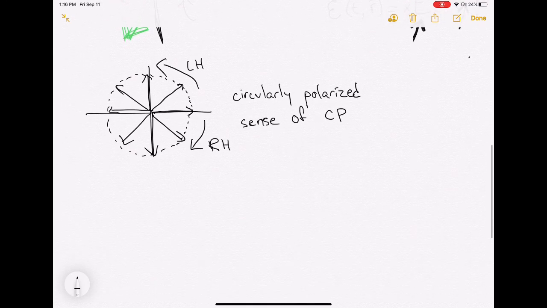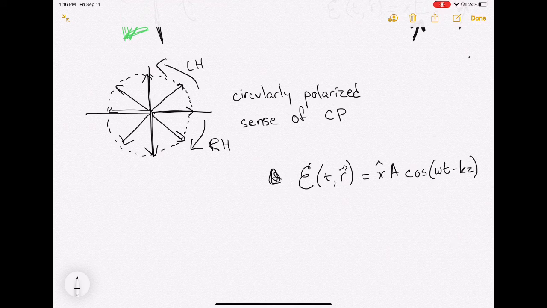Let me give you an example of that one. In the time domain, a circularly polarized wave is going to look like this. It's going to have one component that has cosine time dependence, and one component that has sine time dependence, like that.